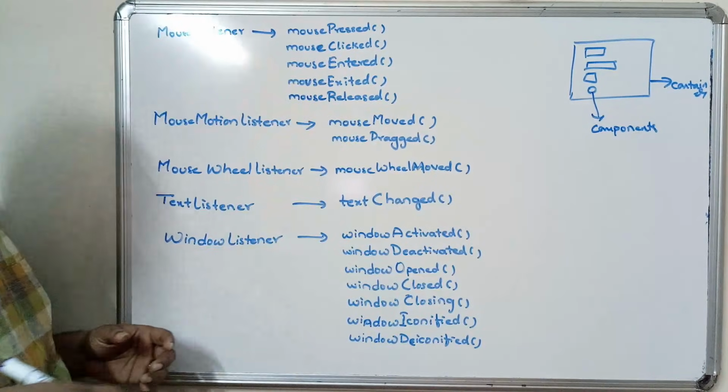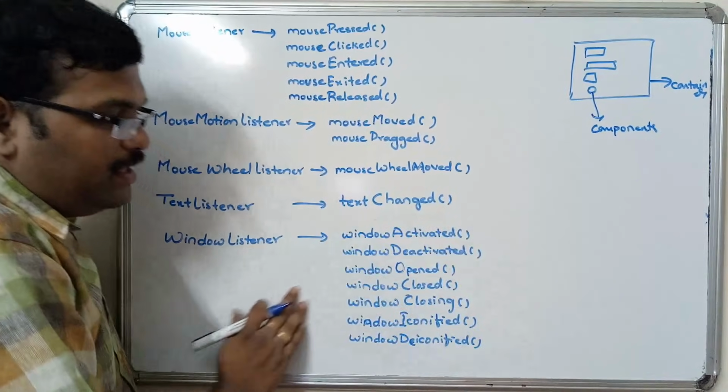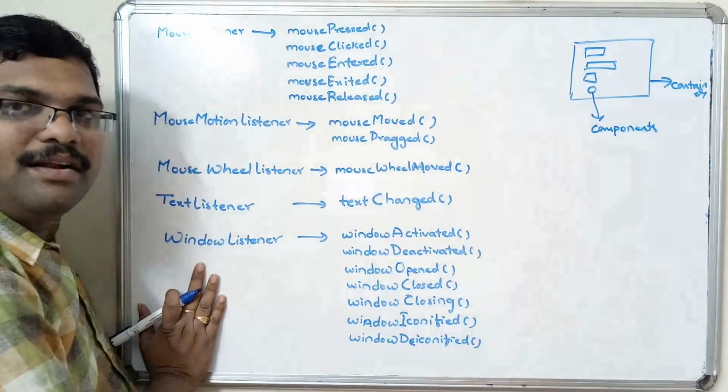Right? So these are all the different methods available in window listener.